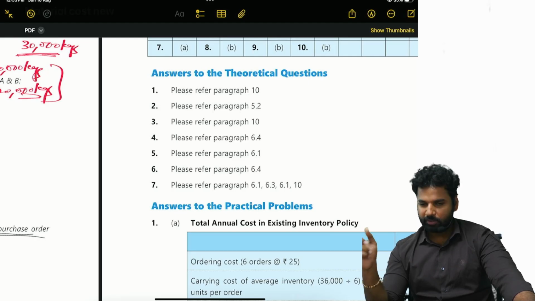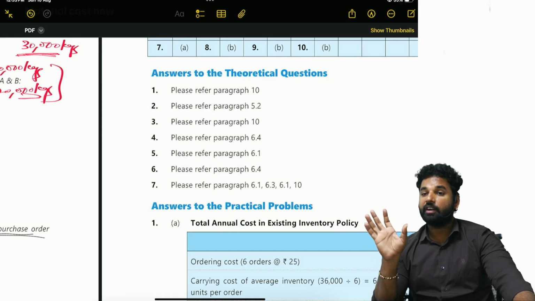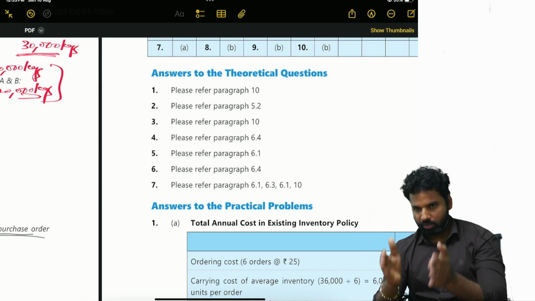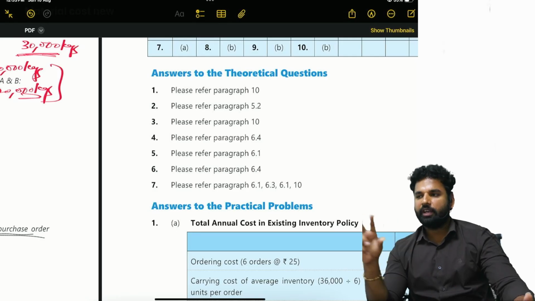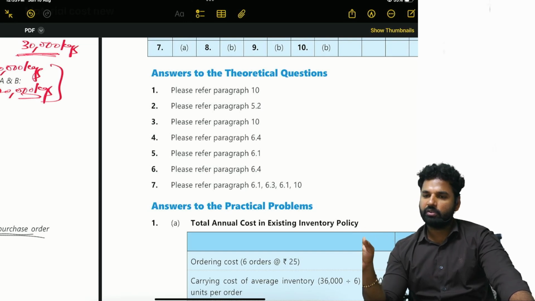For the LIFO, FIFO, and weighted average methods, we have seen problems with a standard format of receipts or purchases and issues, just like an account, just like a ledger. If you make the calculation that way, there is no chance for mistake.